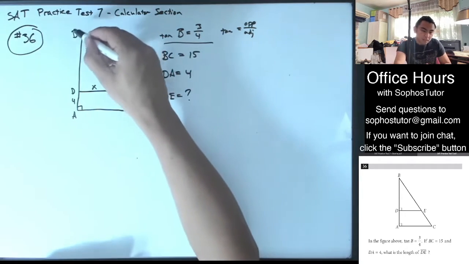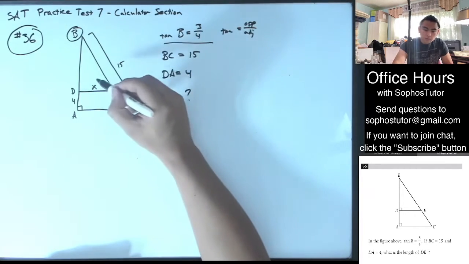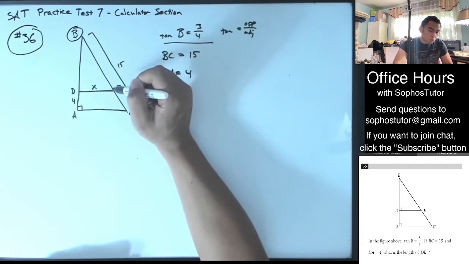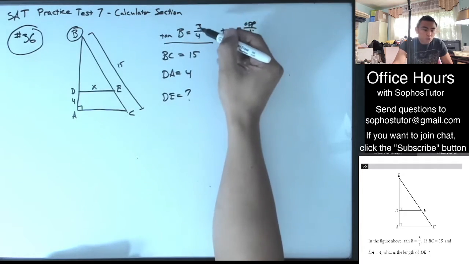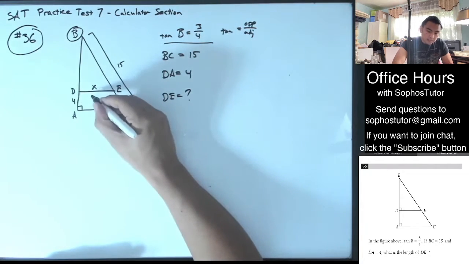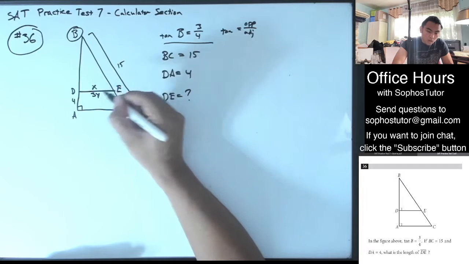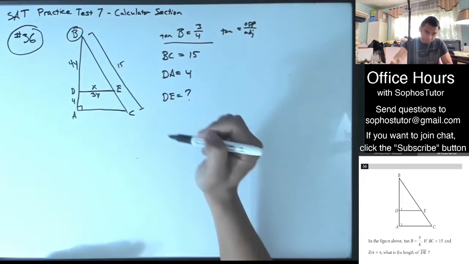So if B is up here, okay, let's take a look at the smaller triangle. The opposite side is DE and the adjacent side is DB. Since the ratio is 3 to 4, I'm actually going to write these as 3y and 4y.